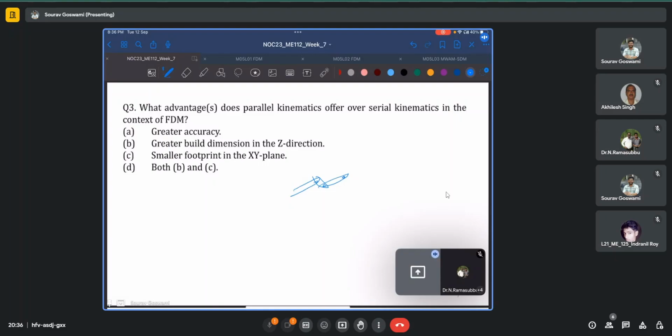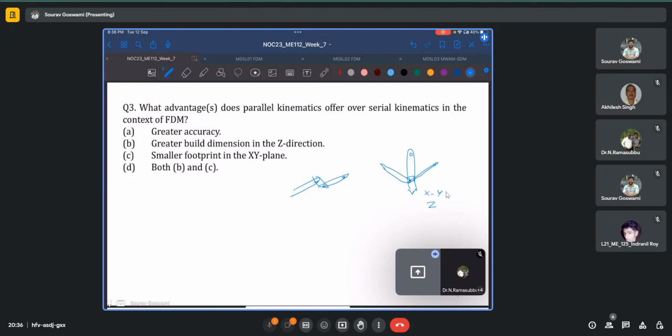Whereas in parallel kinematics, such as we saw in certain delta type mechanisms, the end effector, such as a deposition head, may be simultaneously linked to several links at the same time, and by the actuation and parallel operation of these links, we can produce, say, even XY motion, Z motion, or even rotation and tilting of the end effector.